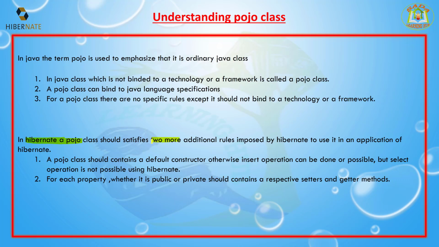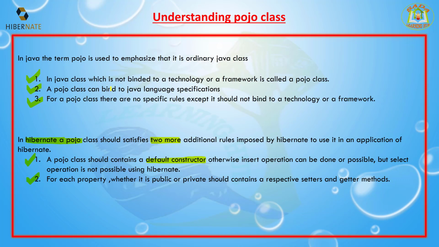The first one is that a POJO class should contain the default constructor. Whatever POJO classes we write in Hibernate, those POJO classes need to satisfy these additional two rules also.